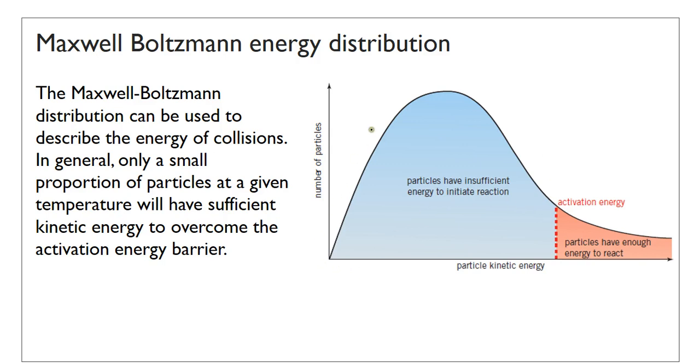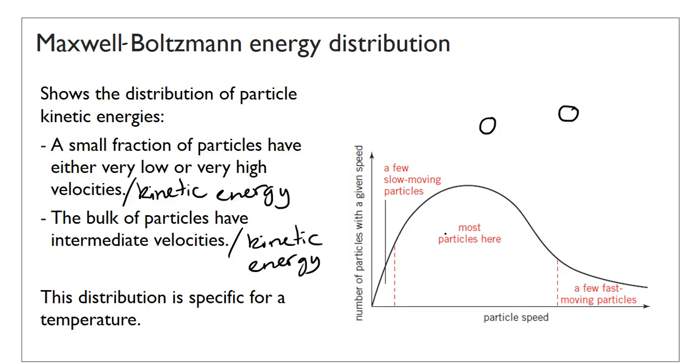So if this is the distribution of energies of all the particles in the mixture, then normally the activation energy will be around here. So normally it's actually quite hard for a chemical reaction to happen. Only the particles on the right side of the activation energy would have enough energy to react. For any particles on the left side, the collision is not going to be successful because it is not strong enough to break the bonds of the reactants.